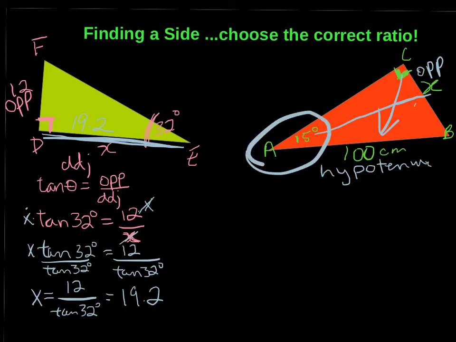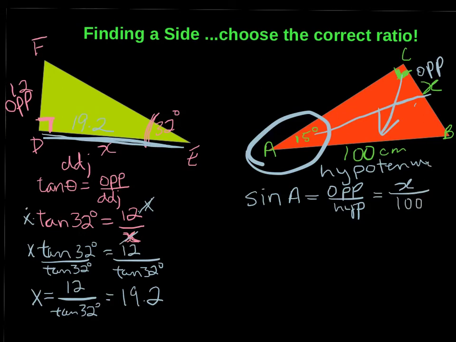So that's opposite and hypotenuse. That's sine. So the sine of angle A is opposite over hypotenuse, which I don't know my opposite, so I'm going to leave that as x, and my hypotenuse is 100.